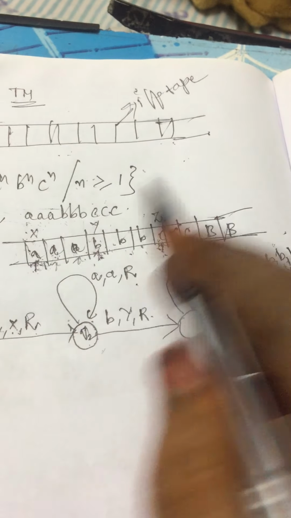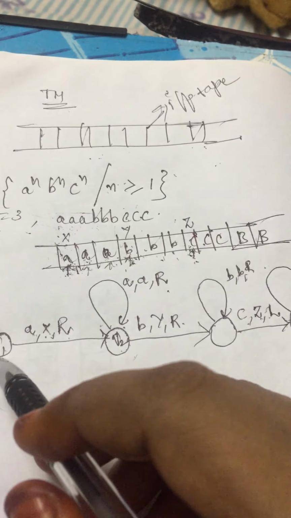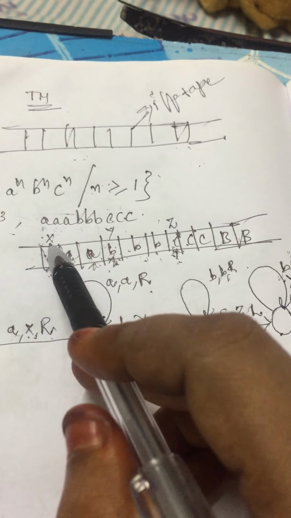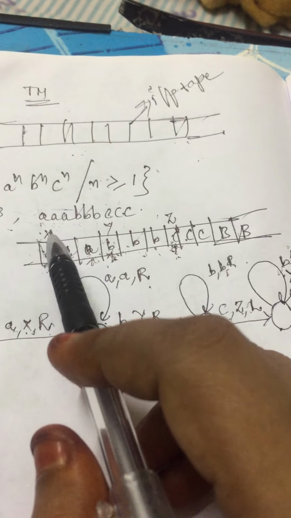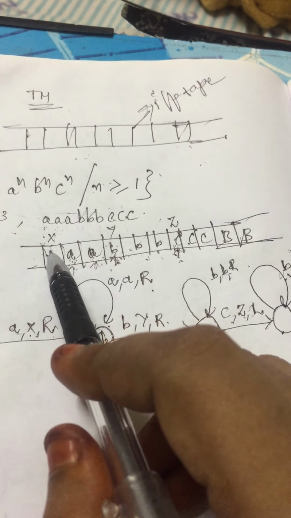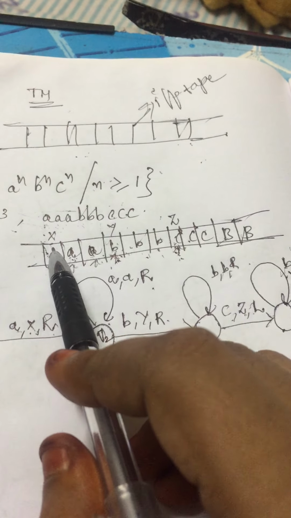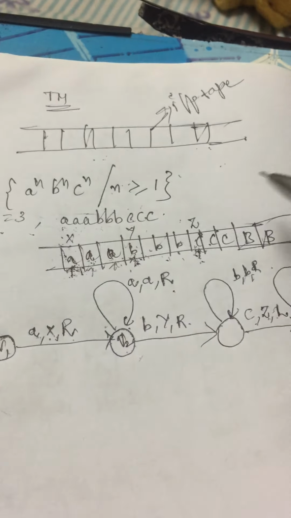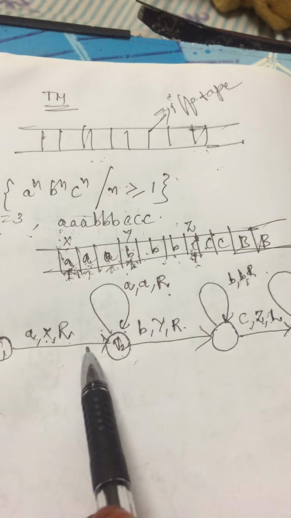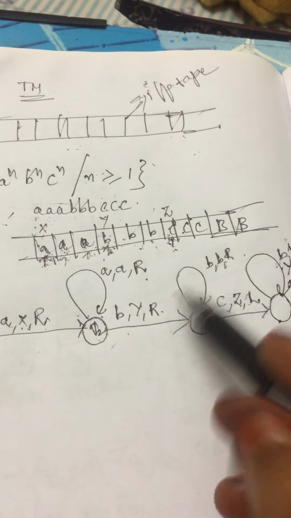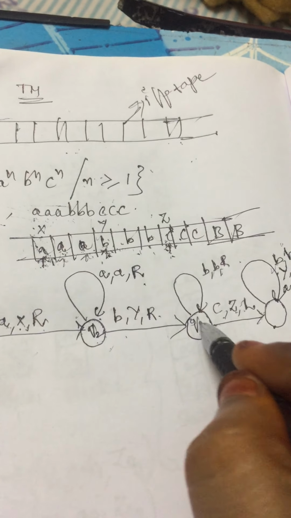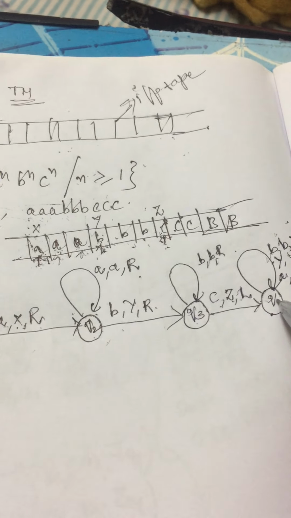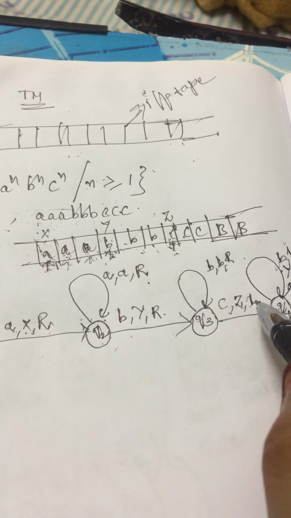See, why we are keeping a loop to the first state is, after moving to the right direction of this X, again the same process will be repeated. I mean, the same process which we have written previously will be repeated. We need not write it once again.